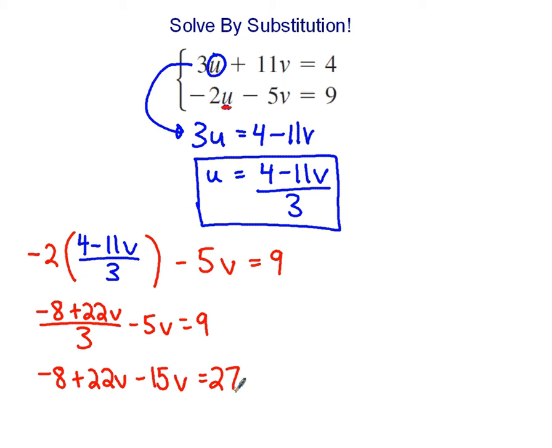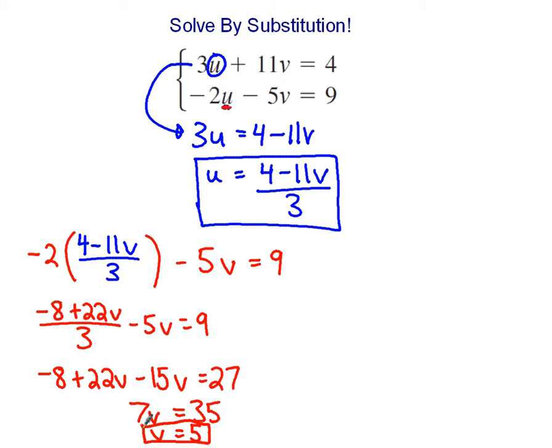Okay, almost there. 22v minus 15v gives me a grand total of 7v. And for 27, I'm going to add 8, so that's 35. There we go, hope you guys can see this. v equals 5. There, we're halfway to our answer already. We figured out that v equals 5.